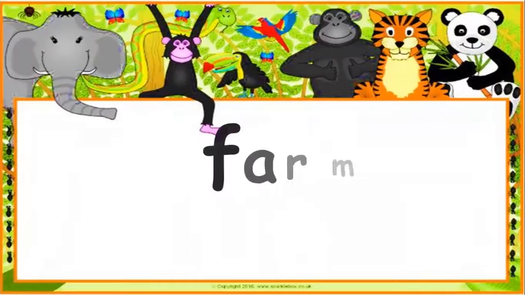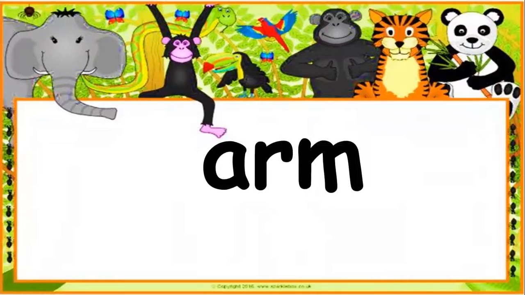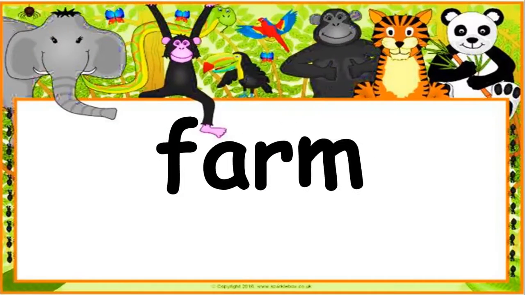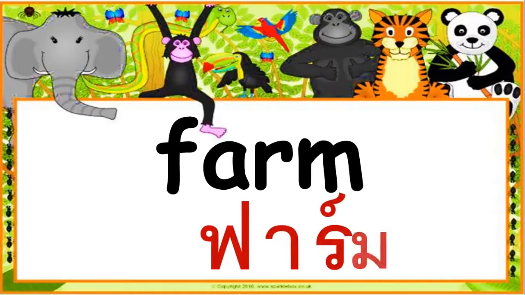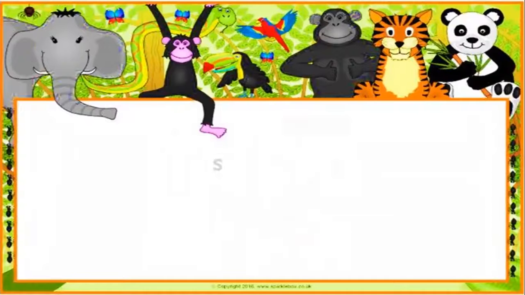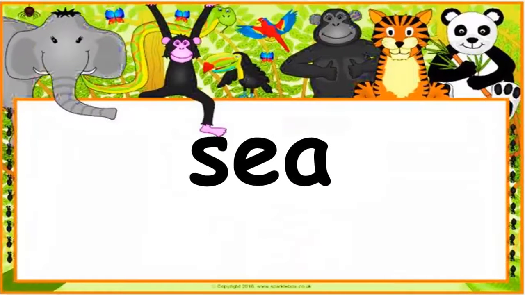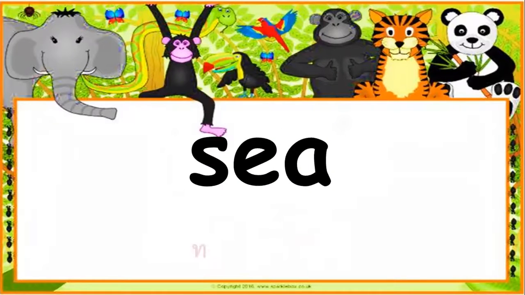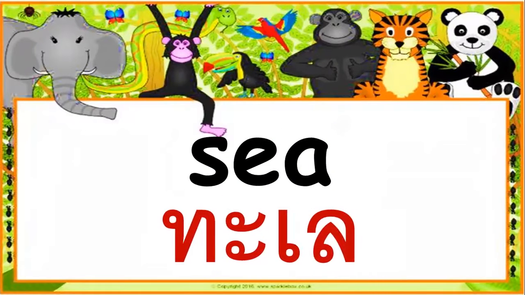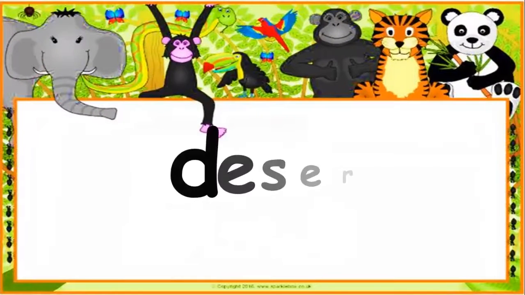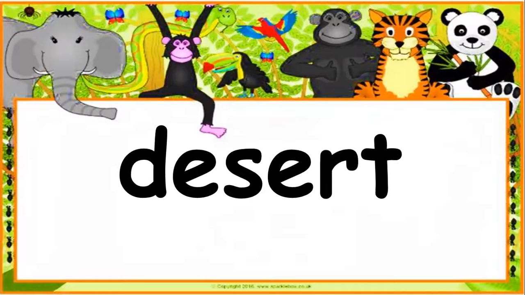And we have farm. Farm. Sea. Sea. And desert.